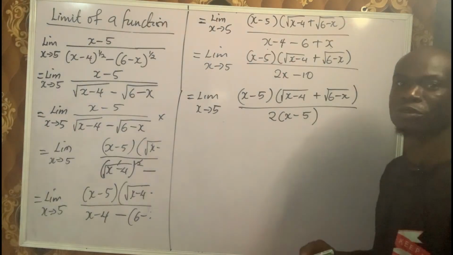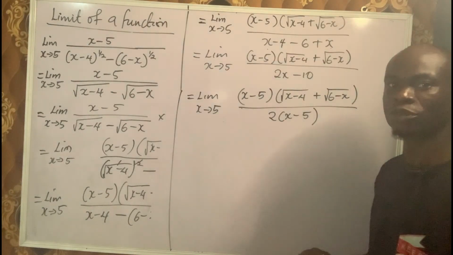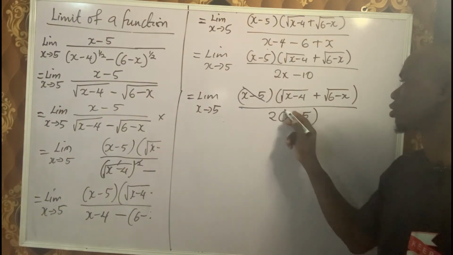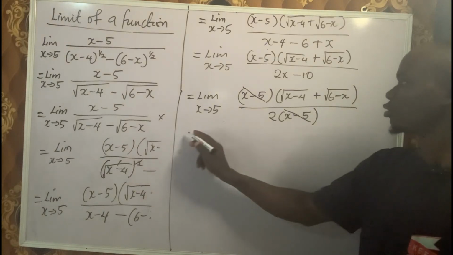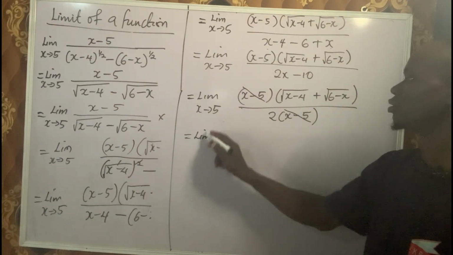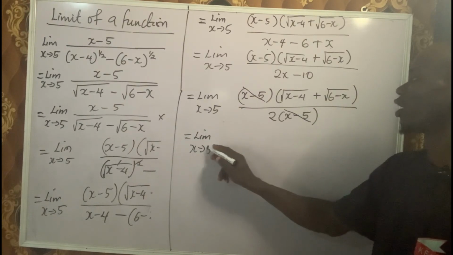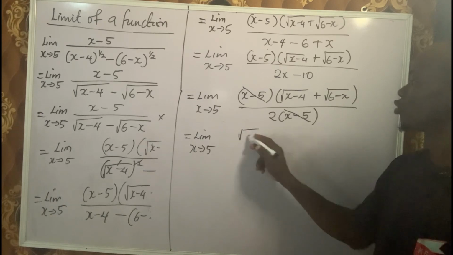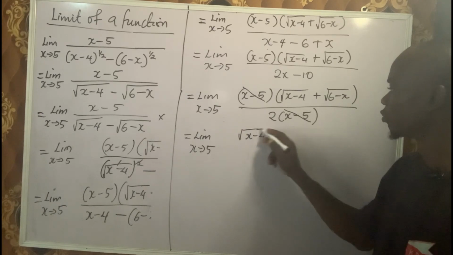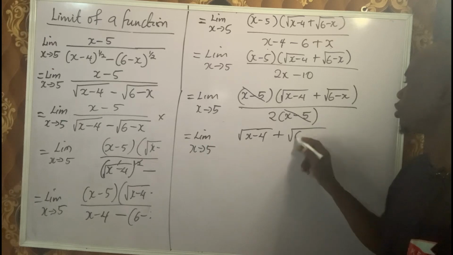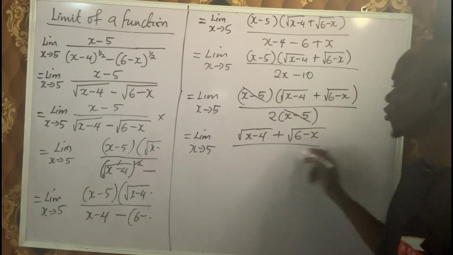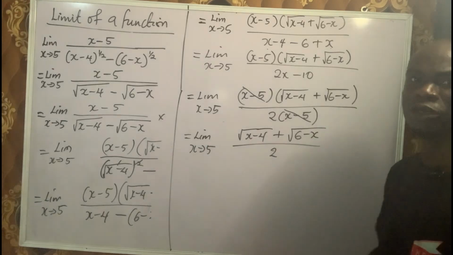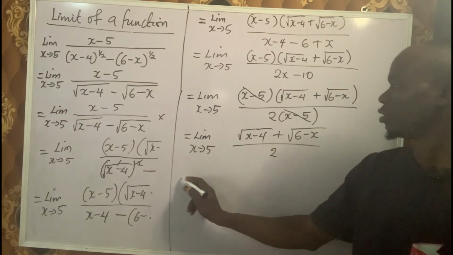You notice we have a common term at the numerator and denominator now. They can just cancel out. So what is remaining is limit as x tends to 5 of (root x minus 4 plus root 6 minus x) over 2. Now we are ready to substitute.